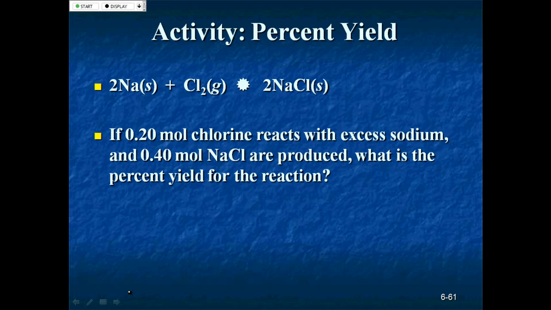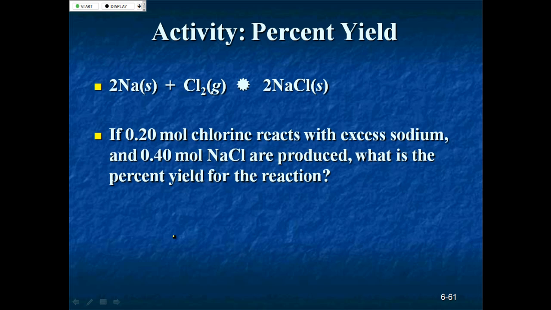So let's see an example. Here is the formation of sodium chloride. Both are given in moles. So remember, percent yield can be expressed either using gram units or mole units, so you don't have to do any conversion from mole to gram. As long as both are in the same unit, you are good.